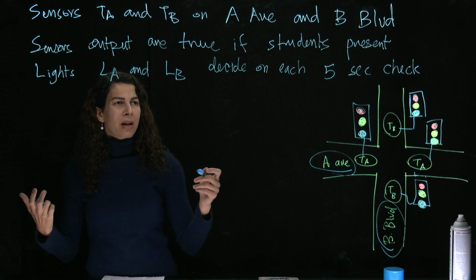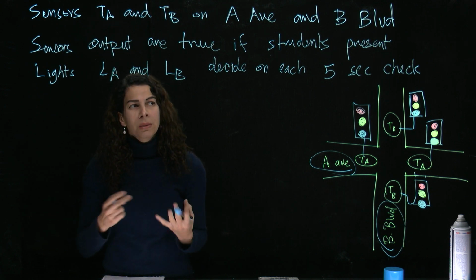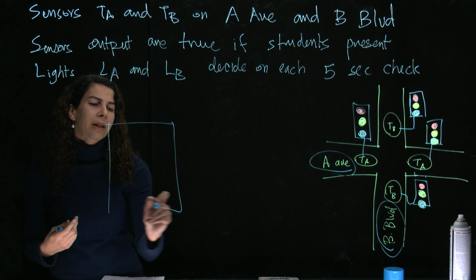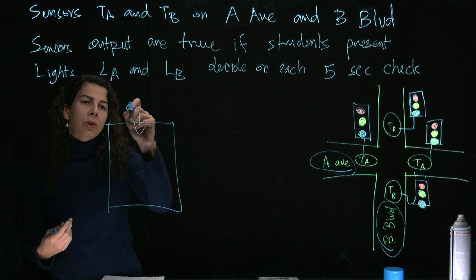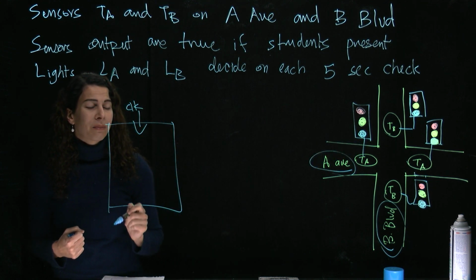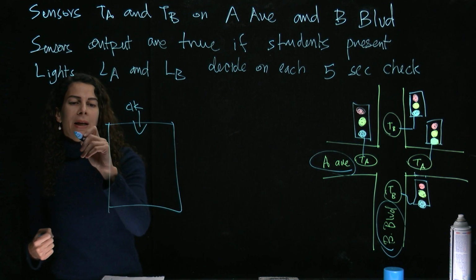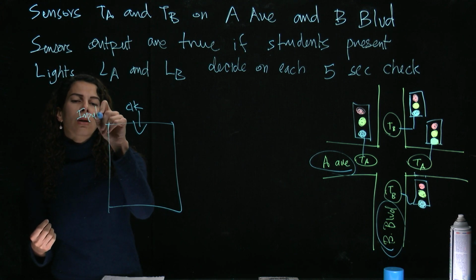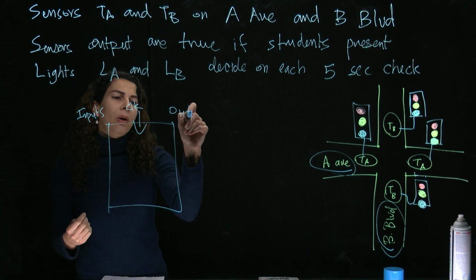Now, let's think about the block diagram. Every time you have a more complex system, let's think about the block diagram. The block diagram tells us we have the system, which is clocked, which says at which state we are going to sample the sensors. Usually on this side we put the inputs, and the outputs go on this side.